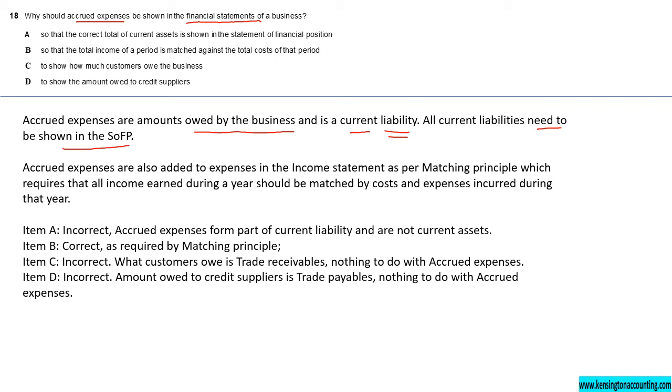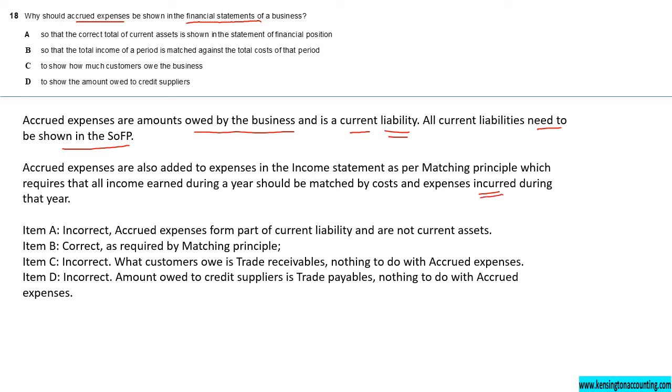Now the matching principle also requires that any accrued expenses or prepayments need to be adjusted in the expenses account, so that only the expenses incurred during the year are shown, irrespective of what amount was paid, because income earned during the year should be matched by expenses incurred in that particular year.